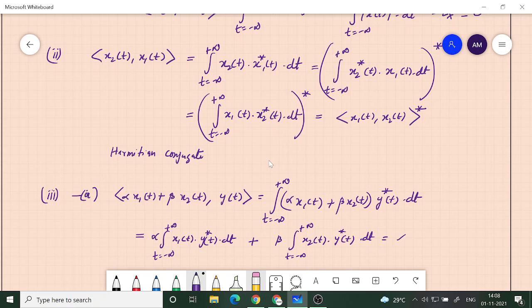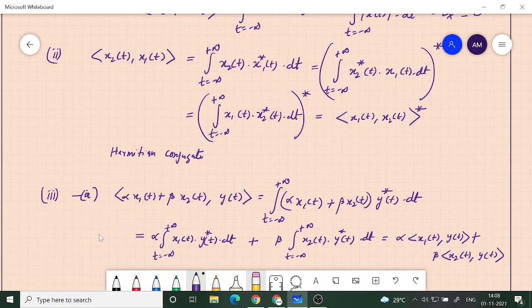This is basically alpha times the inner product of x1 of t and y of t, plus beta times the inner product of x2 of t and y of t.